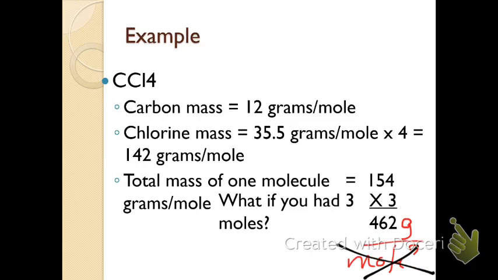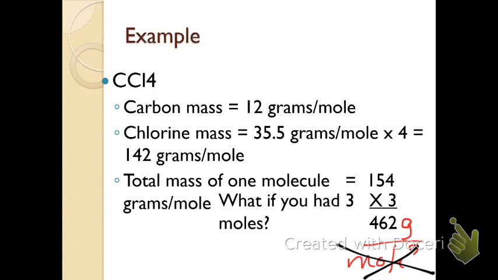Absolutely not. Why? Because molar mass is the mass of the elements in one molecule. We are talking about 3 molecules or 3 moles. 3 moles is equal to that many grams. Okay? So just remember that if I'm talking about 1 molecule, it's grams per mole. If I'm talking about more than 1 molecule, it's just grams.